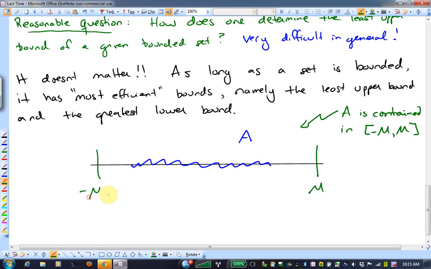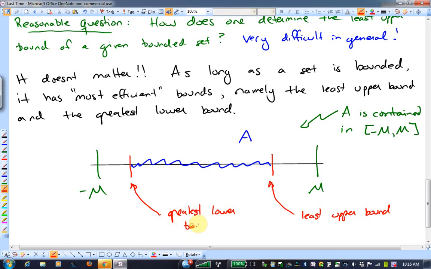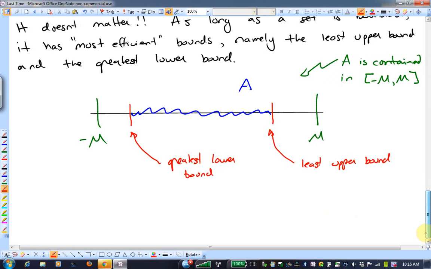This is minus m, let's say. Okay, then you're guaranteed there must exist a least upper bound. That's an upper bound that is smaller than every other upper bound, and a greatest lower bound. That's a lower bound that's bigger than every other lower bound.